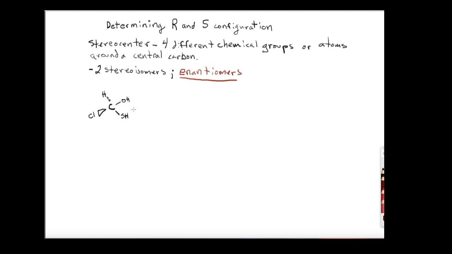You now have two molecules, a right-handed and a left-handed version, which means their three-dimensional shape is distinct. If we take one of them and place it in a mirror, they would have what are called non-superimposable mirror images. I'm going to come back to that concept in a minute.